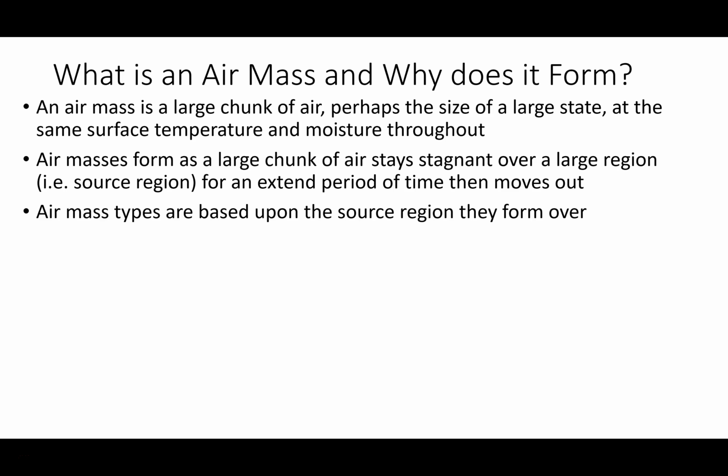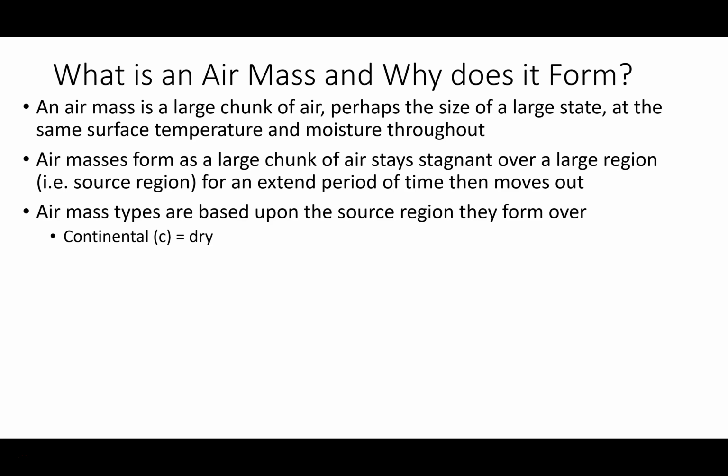Air mass types are based upon the source region they form over. It reminds me of the clouds a little bit, in that we put criteria together. With clouds, it was flat or fluffy, elevation, and whether it was precipitating, so there were three. Here there's just two. We're going to use a lowercase c to talk about continental air masses.